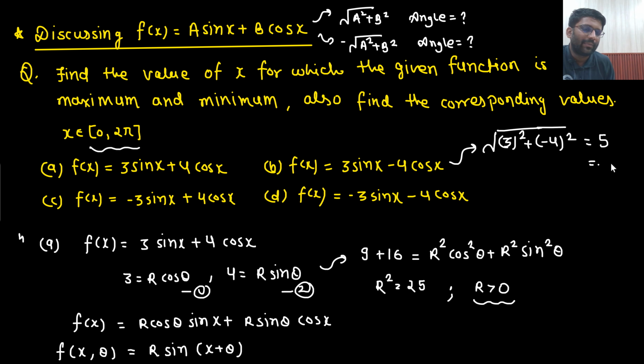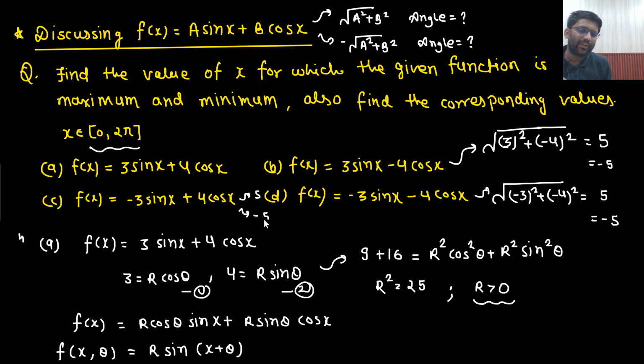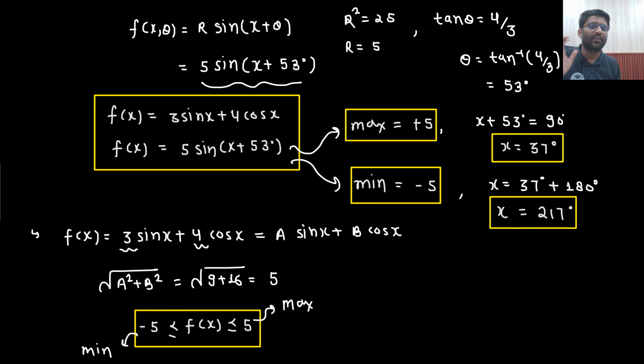And what will be the minimum value? Minus 5. So maximum and minimum, the same values you will be getting. Similarly here as well, under root a square plus b square, 5 and minus 5. So the maximum and minimum value is never a matter of concern, but the matter of concern is the angle.